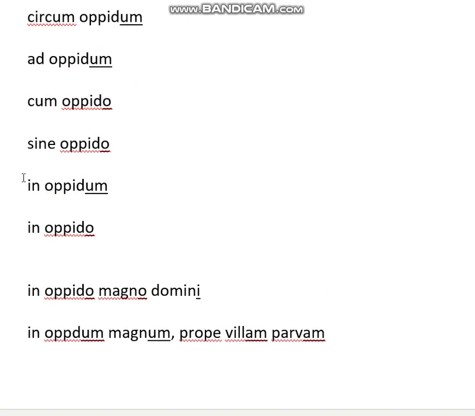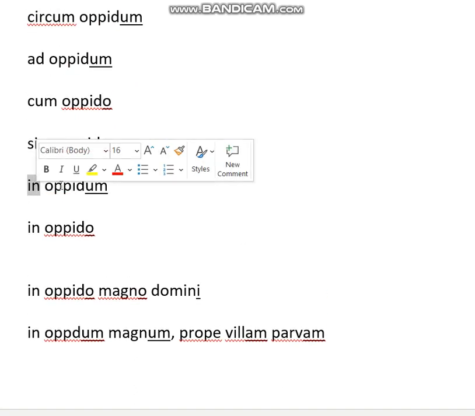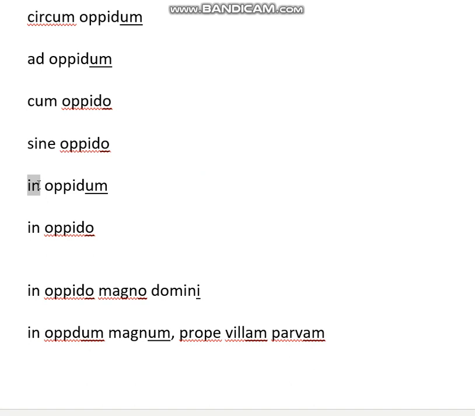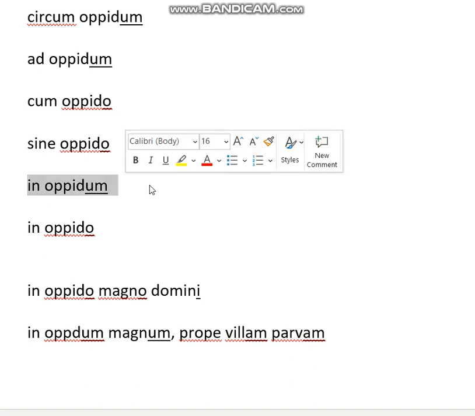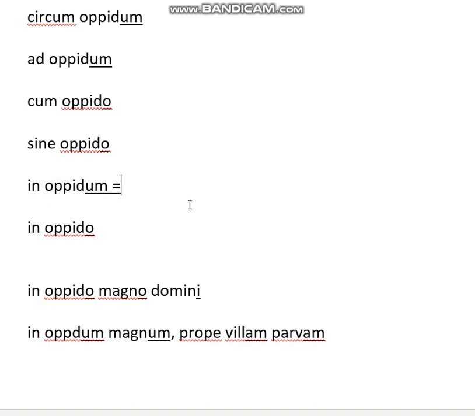But then you have other prepositions like in, where it means something different depending on whether the word that follows is in the accusative case or the ablative case. If it's in the accusative case, this always means into.